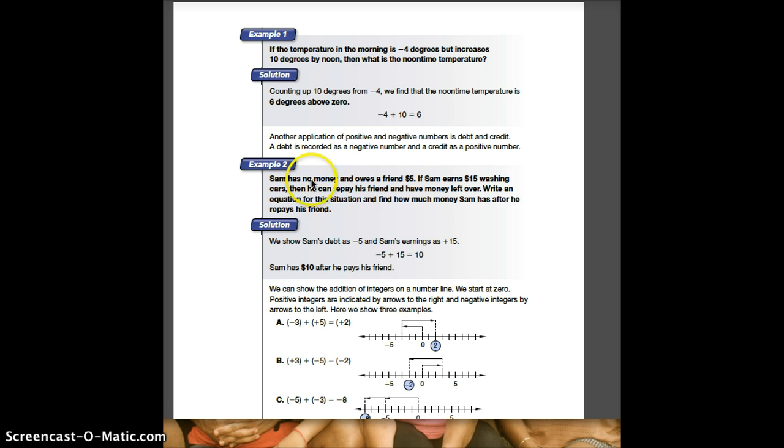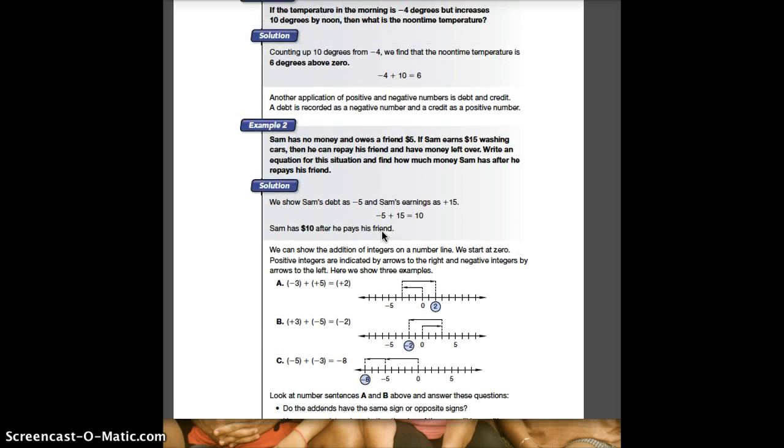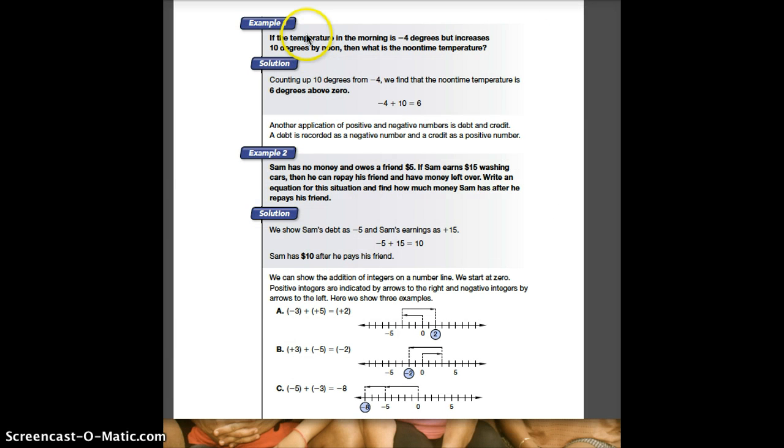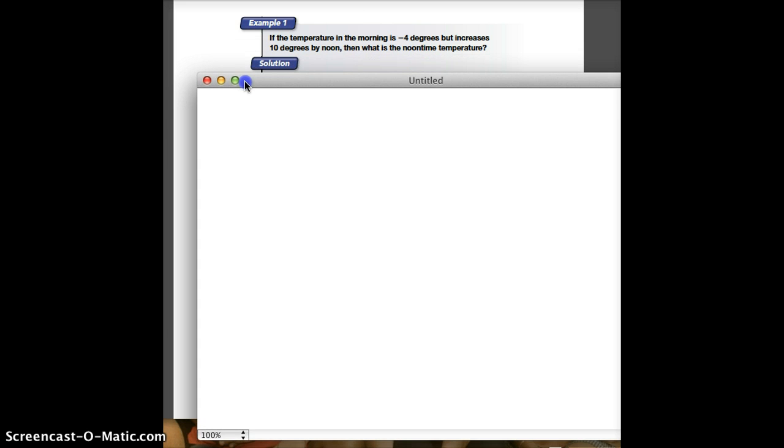All right, so let's go to example 1 on the next page. This is page 204. Example 1 says, if the temperature in the morning is negative 4 degrees but increases 10 degrees by noon, then what is the noontime temperature? Now, in terms of temperature, all of these are basically a number line.